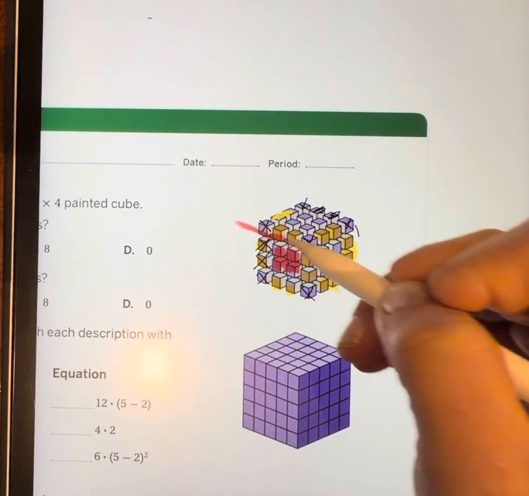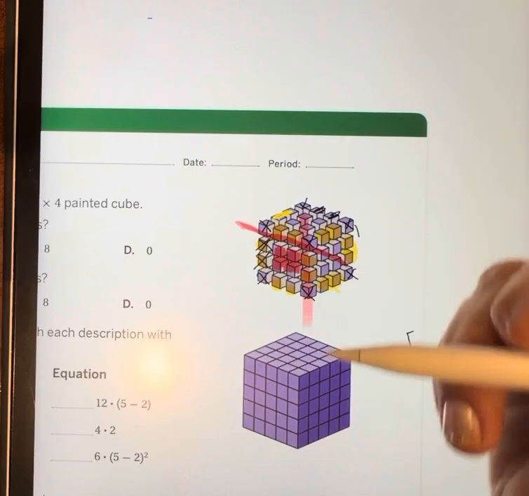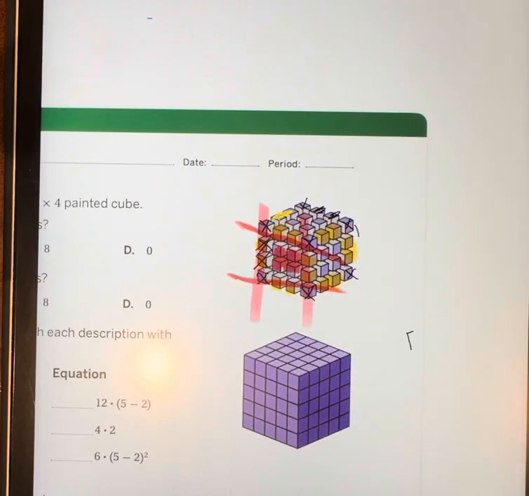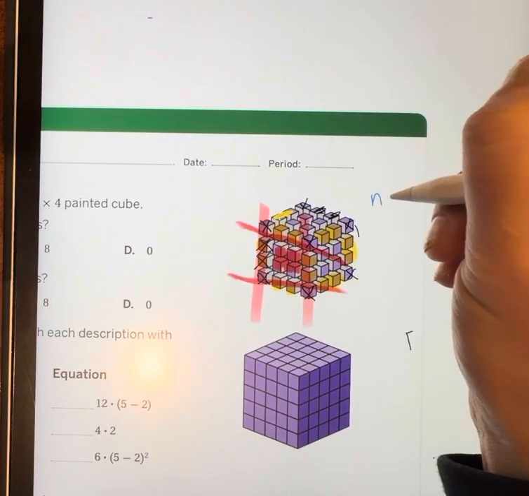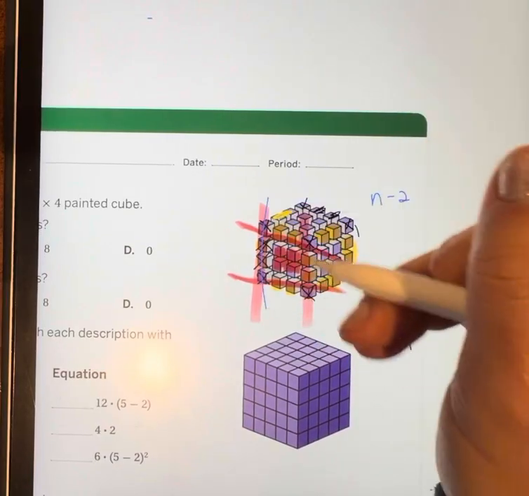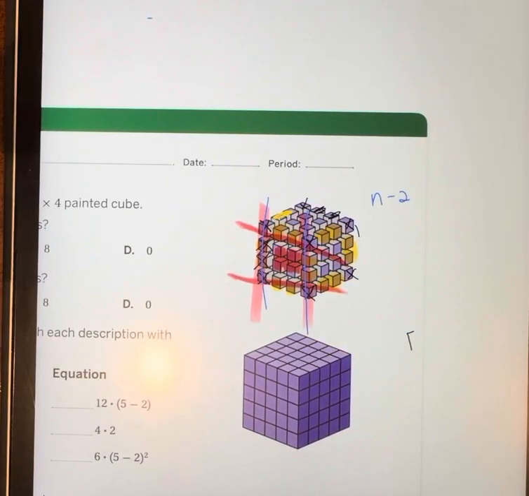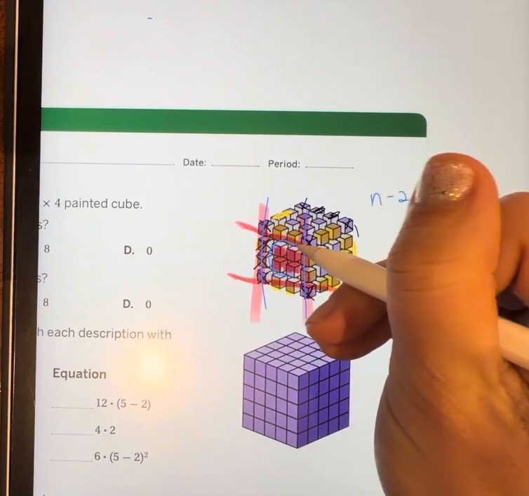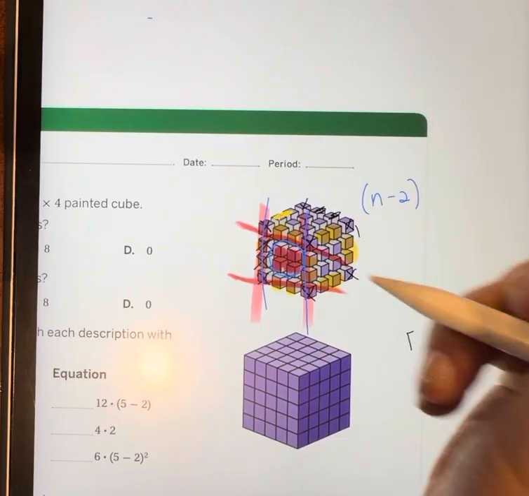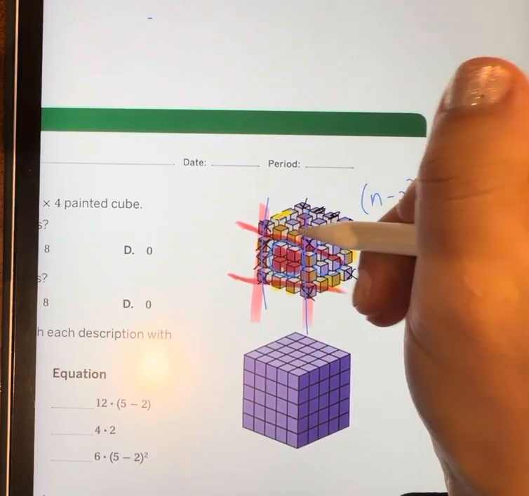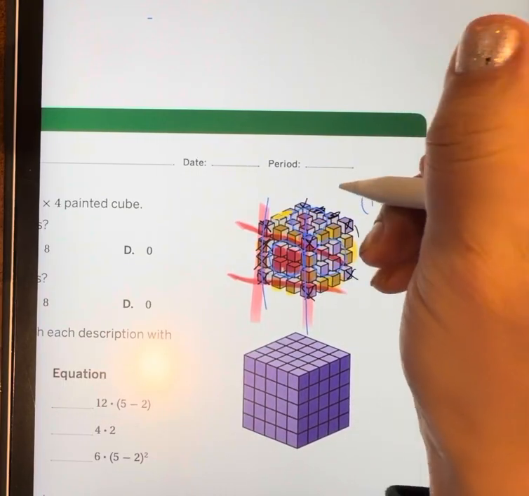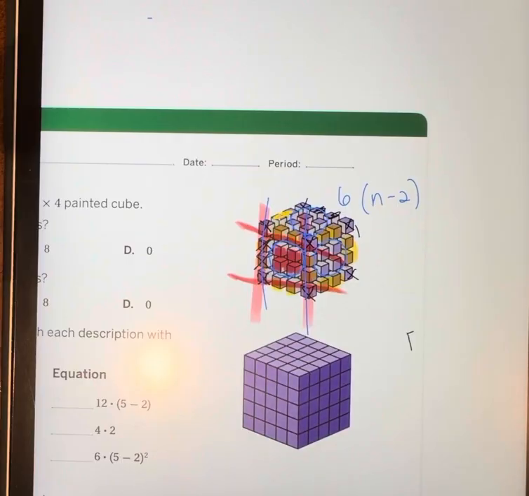It's if we knock one whole dimension off this way, one whole dimension off this way. Okay, so that's the n that we have, but we're subtracting 2 because we're knocking 2 of them out in each direction. And then we have this many, but 6 times. See, every face has one. A cube has 6 faces.